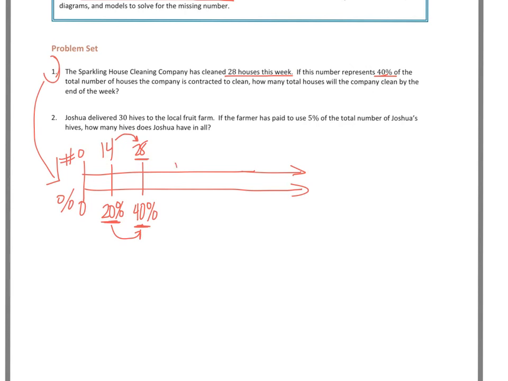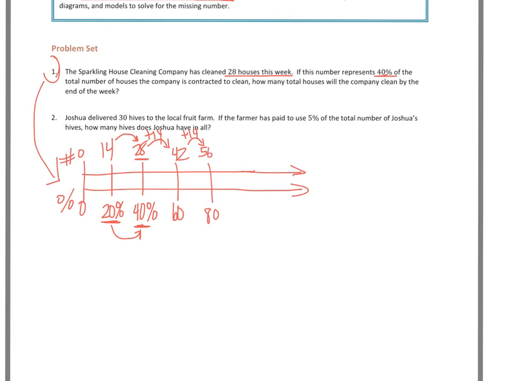So if I go up another 20%, that'll give me 60. I got to go up another 14, which is 42. If I go up another 20%, I'm going to go up another 14 up here, which is 56.